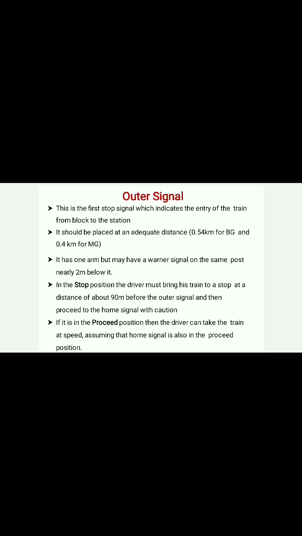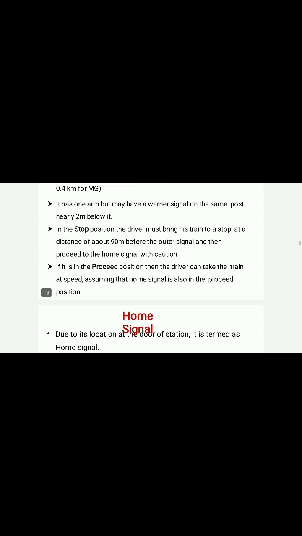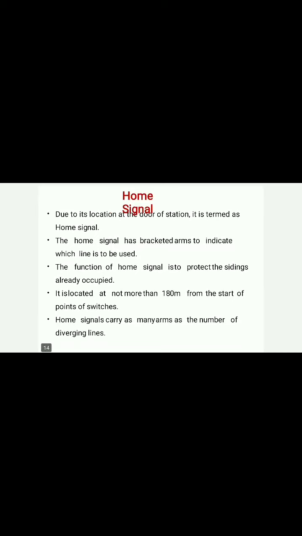It has one arm but may have a warner signal on the same post nearly 2 meters below it. In the stop position, the driver must bring the train to a stop at a distance of about 90 meters before the outer signal and then proceed to the on signal with caution. If it is in the proceed position, the driver can take the train at speed, assuming that the on signal is also in the proceed position.